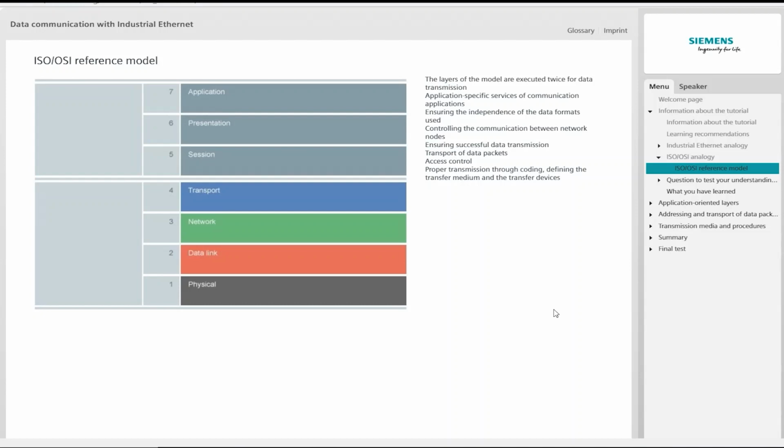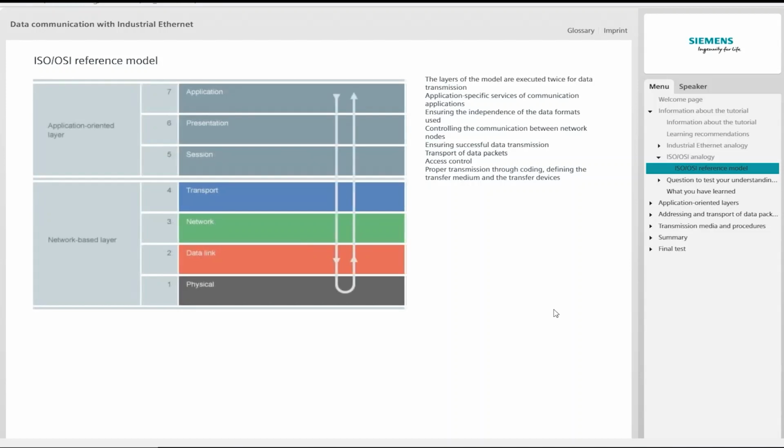In the case of parcel shipment, this concerns the weight, size, and intended use. In the data transmission process, the individual layers are executed twice. Starting from the application layer through to the physical layer, all the data from the sender is prepared for transmission. When this has been completed, transmission to the recipient is performed, the data is received by the recipient and processed from layer 1 to layer 7.